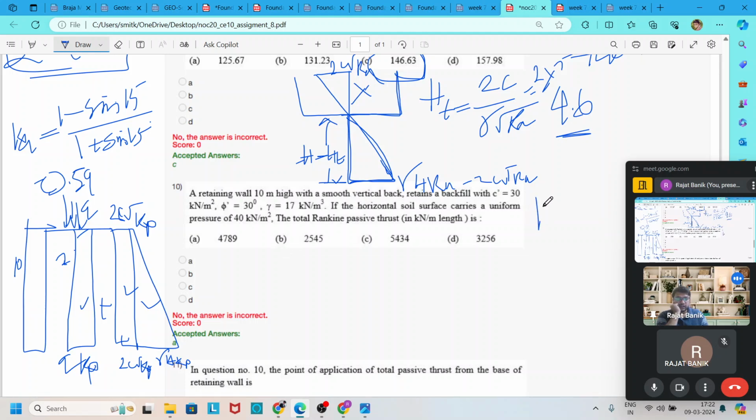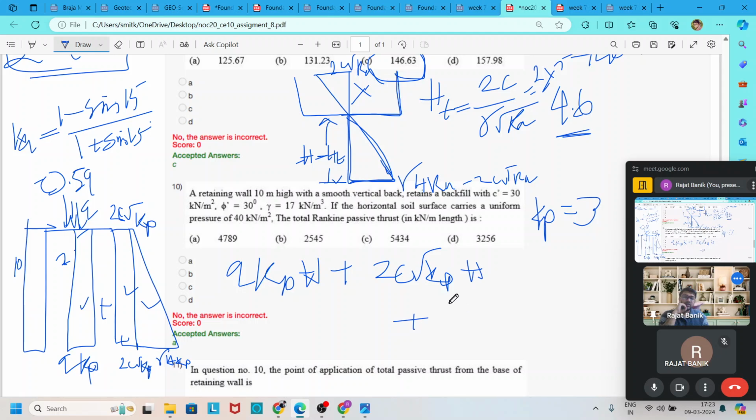We know that for 30 degree, Kp is equal to 3, as we previously defined. Put it in and find the areas one by one. First, area one is Q into Kp into h, the height of the wall, plus area 2, 2c root over Kp into h, plus half Kp gamma h square. Put all these values in this equation.